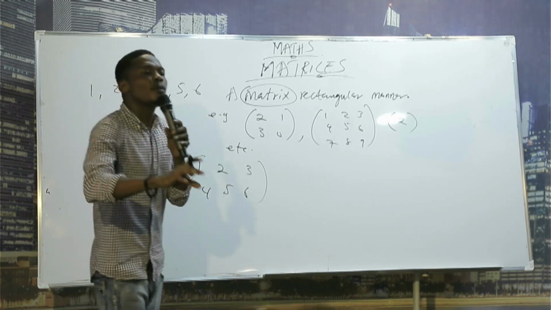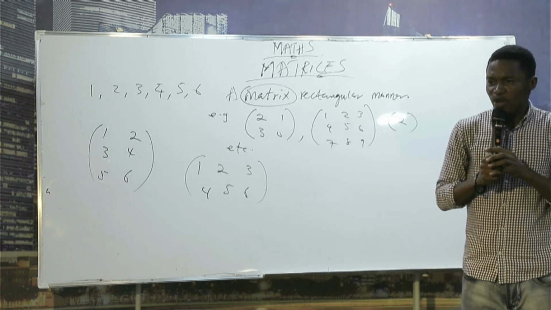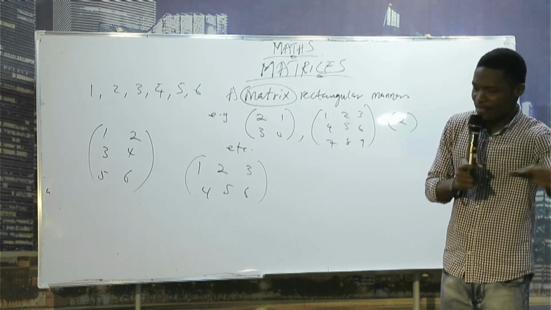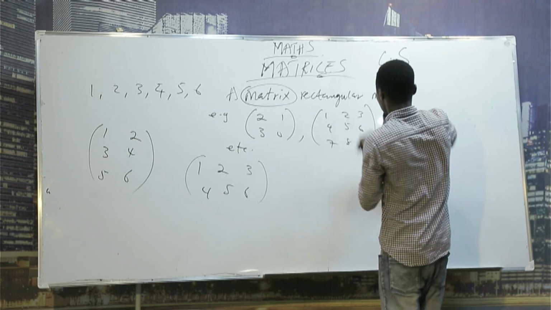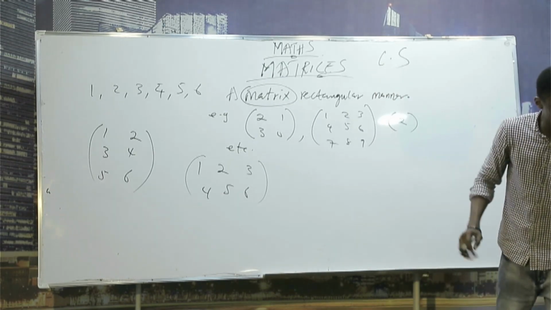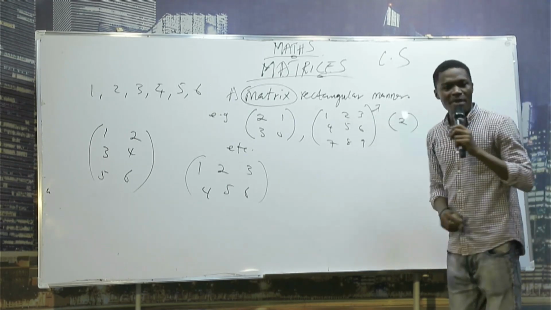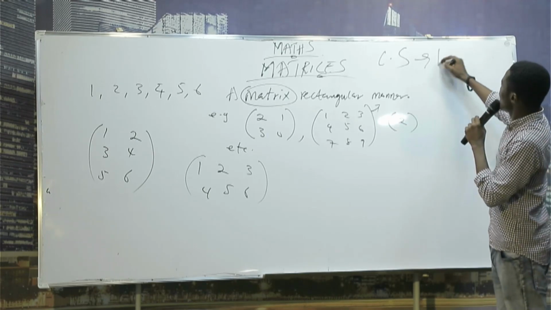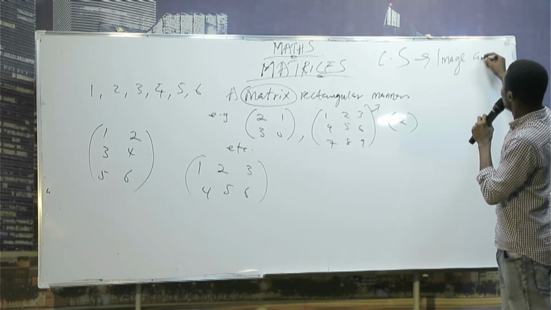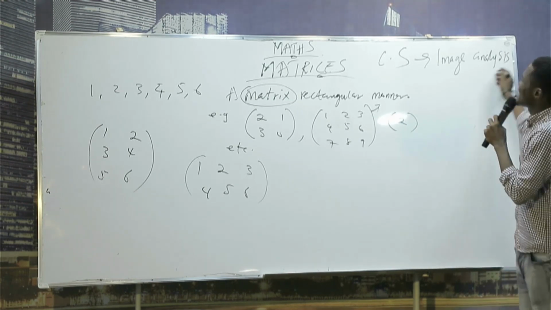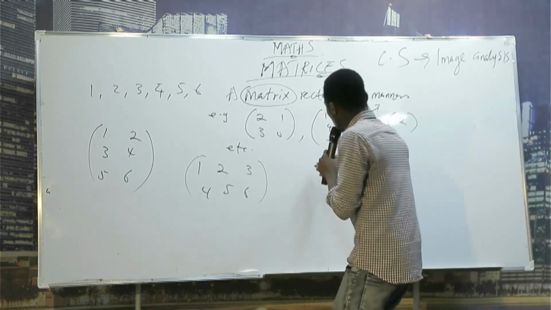Now, one of the problems that students have is you ask yourself, all this topic we are doing, where is it even applied? As a simple thing, imagine you're going to go and do computer science. Where will you apply matrices? In image analysis. When you are doing image analysis, an image is a picture.